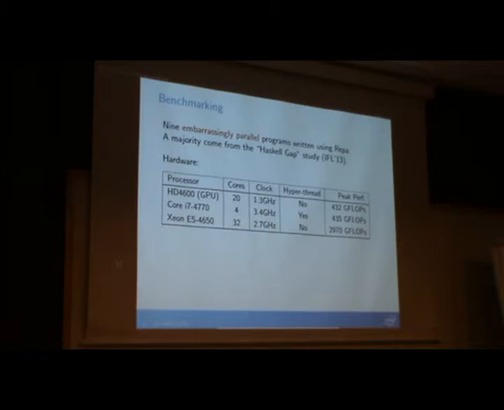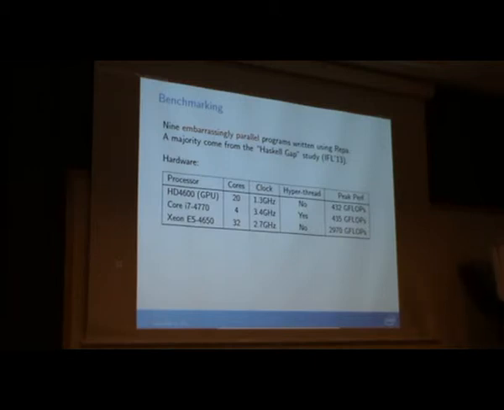So here we measure the performance on different hardware. This HD 4600 is an integrated GPU with a Core i7. It has 20 cores compared to 4 CPU cores, and it runs at a much lower clock rate.